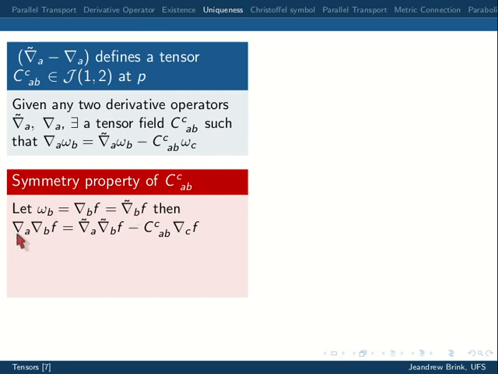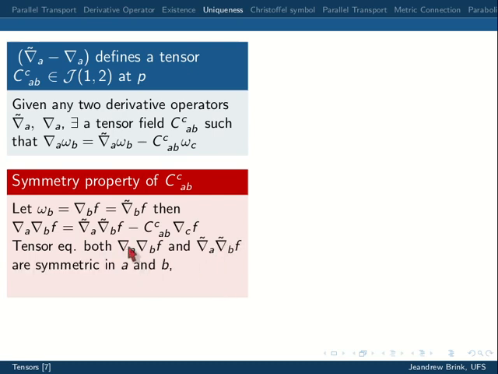Then you can work out the gradient operator applied to this WB, and the other gradient operator applied to the same thing, and using what we've just derived, you see that their difference is CAB multiplied by the gradient of F. But you also know from property 5 that you have a tensor equation for this in terms of f, and for that in terms of f.